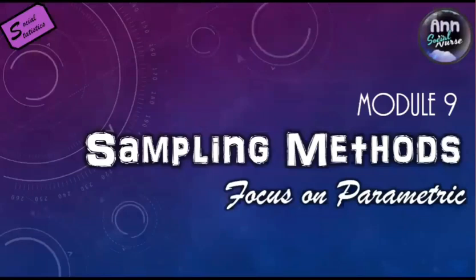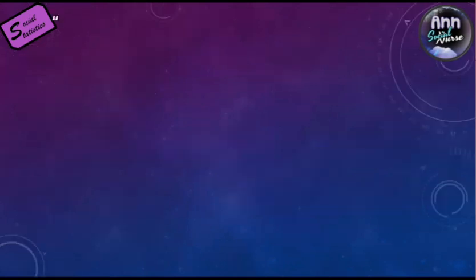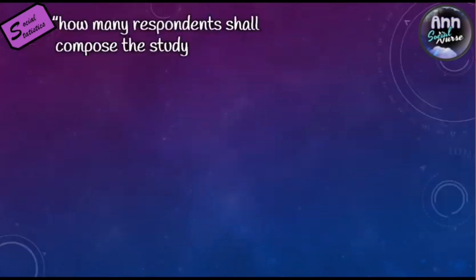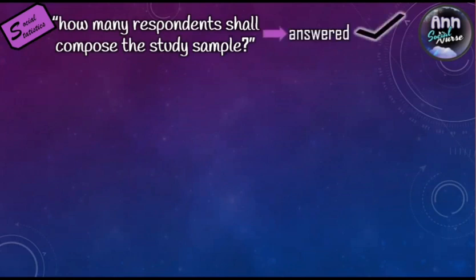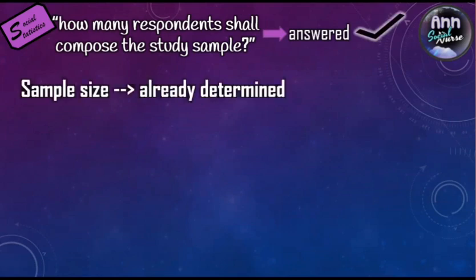To continue on sampling, Module 9 focuses on probability sampling methods. Previously, the question of how many respondents shall compose the study sample was already answered in the previous module. The sample size was already determined through two steps.